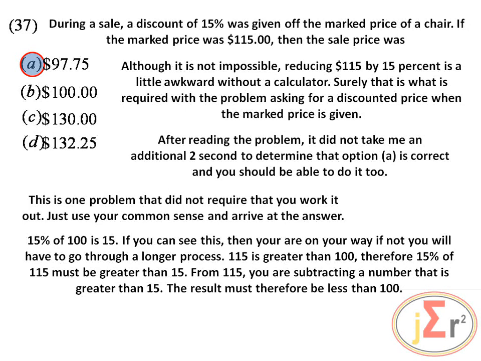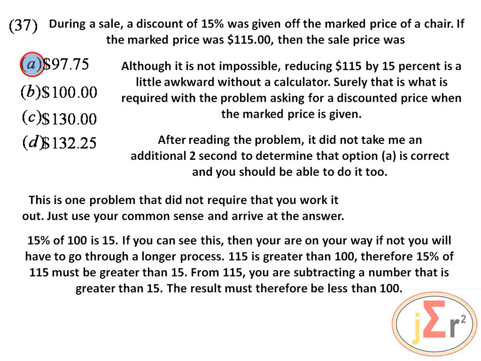115 is greater than 100. Therefore, 15% of 115 must be greater than 15. So, 15% of 100 is 15, and 115 is greater than 100. Therefore, 15% of 115 must be greater than 15% of 100, which is 15.